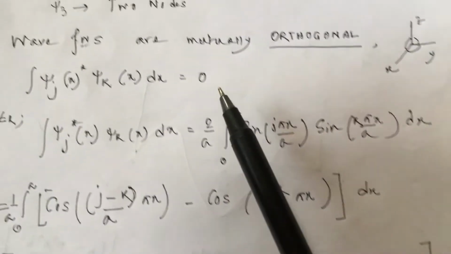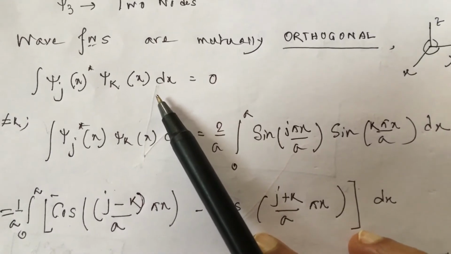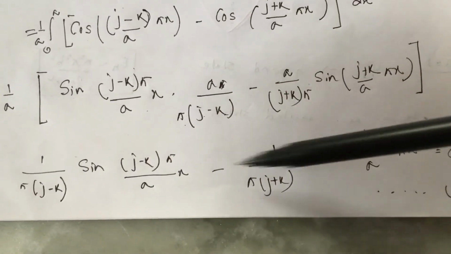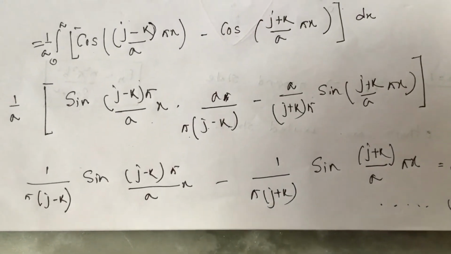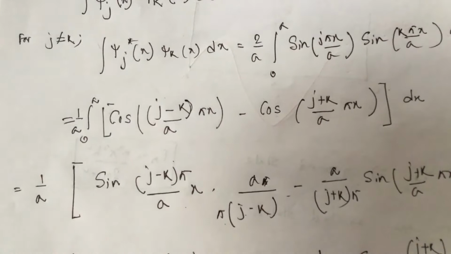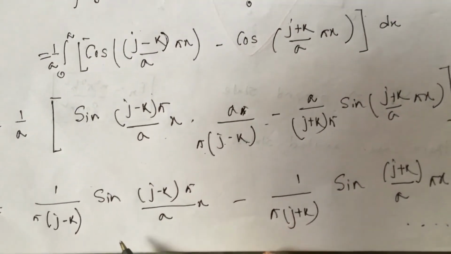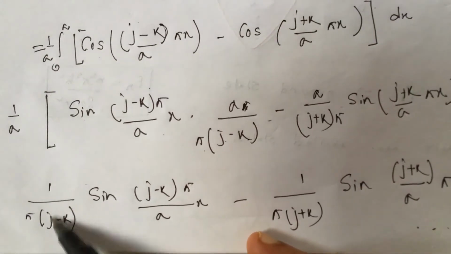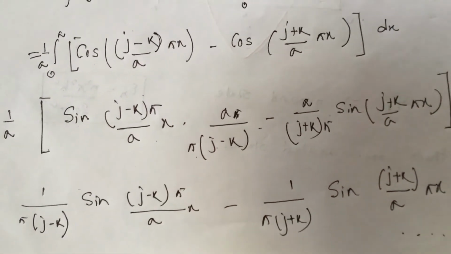So I have proved that wave functions are orthogonal. But this thing cannot be applied if I take j equal to k. Here I have taken j not equal to k, but if I take j equal to k, this won't do, because if I put j equal to k, then this term will blow up.